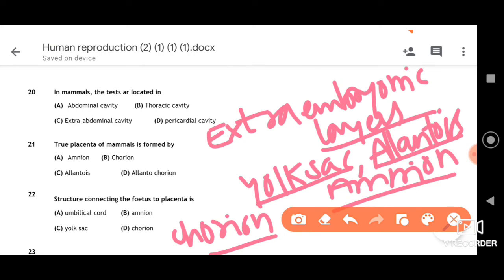This placenta is formed by two extra-embryonic membranes called the allantois and chorion, which we generally refer to as the allantochorion. So the right answer here is option D.